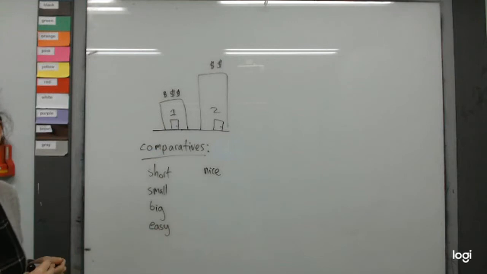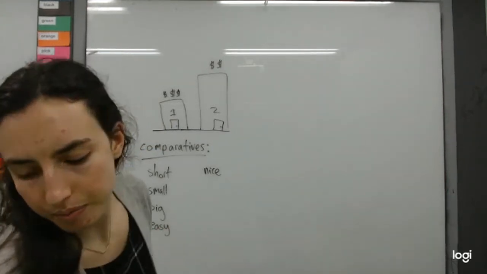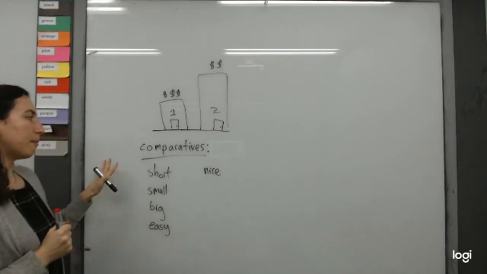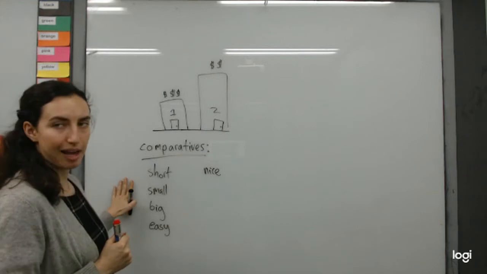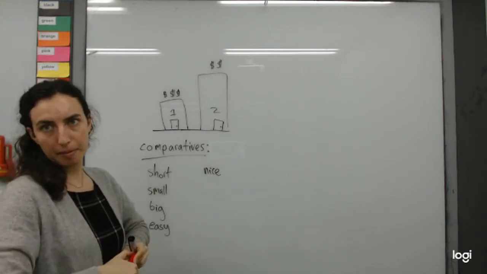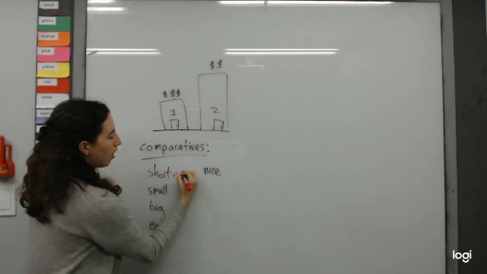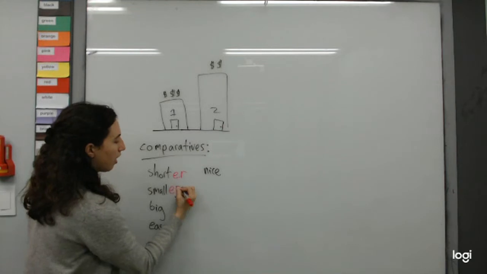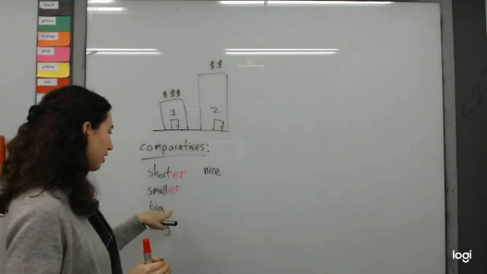Okay, so when we make a comparative, we take a normal adjective, a short word, and what do we add to it? Can you remember? We add normally ER. Now, there are some special cases with this too.